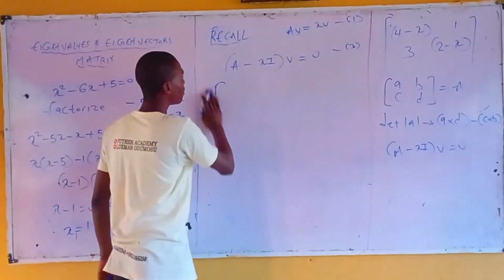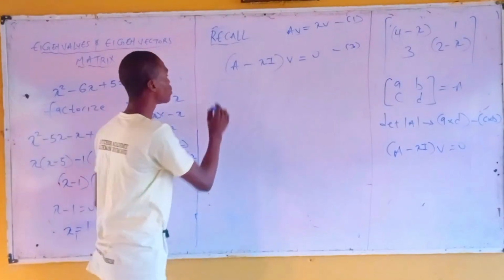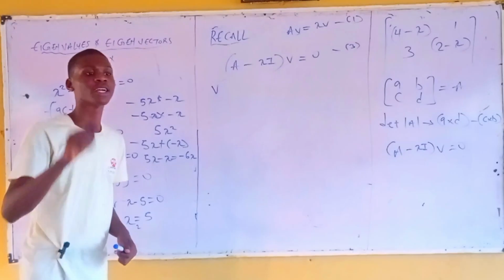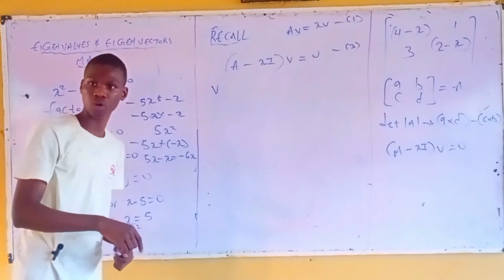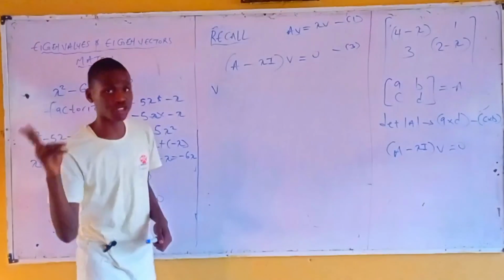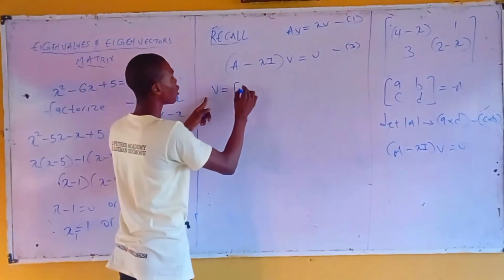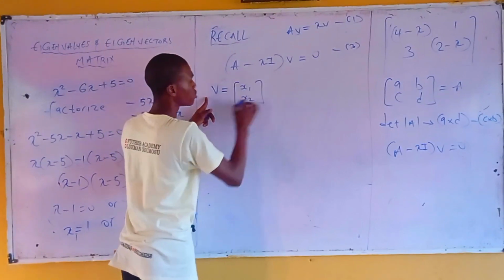Exactly. Before then, you know that you want to get V now. Why is it V? Because V represents the eigenvector. Since it is a 2 by 2 matrix, you say let V be a column matrix of x1 and x2.